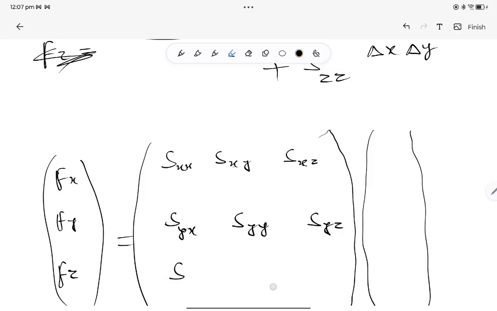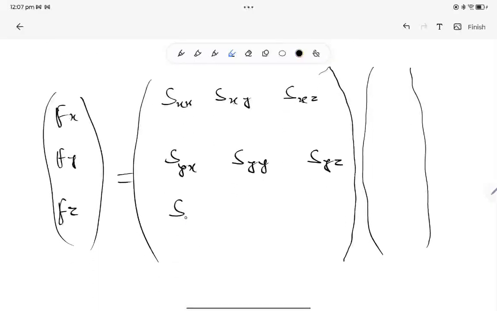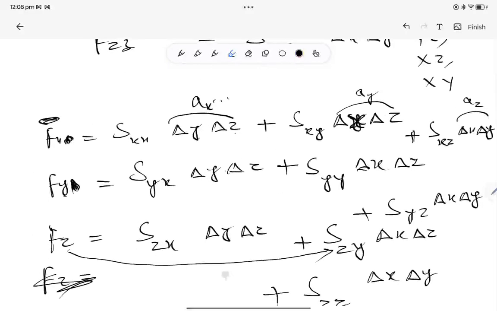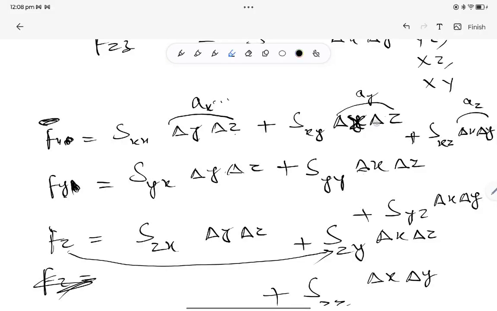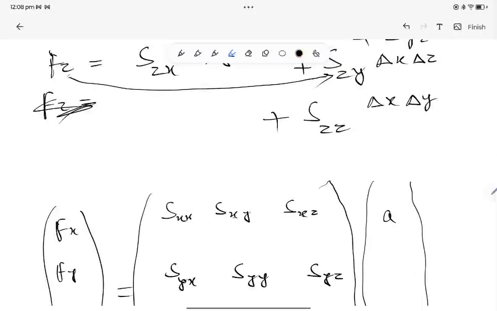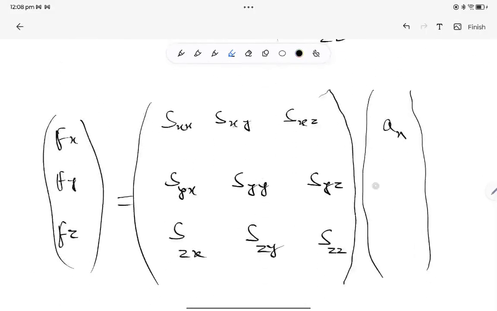Similarly here, Szx, Szy, Szz. And you have here the areas Ax, Ay, Az.